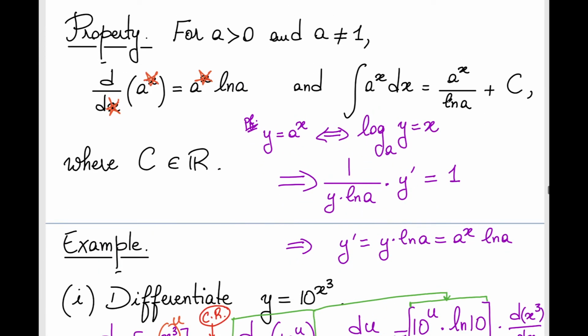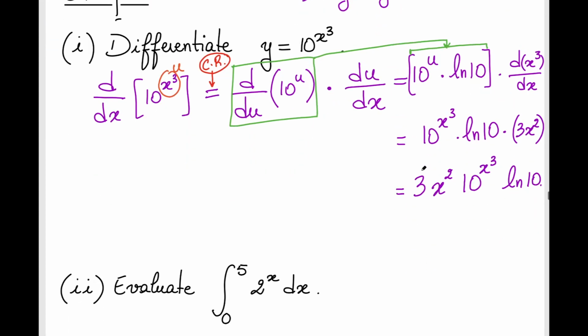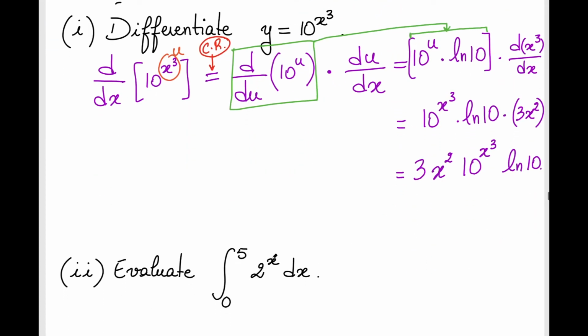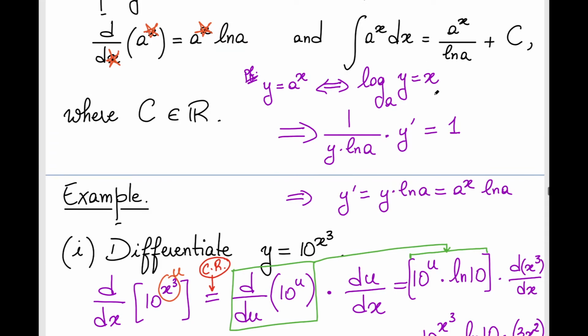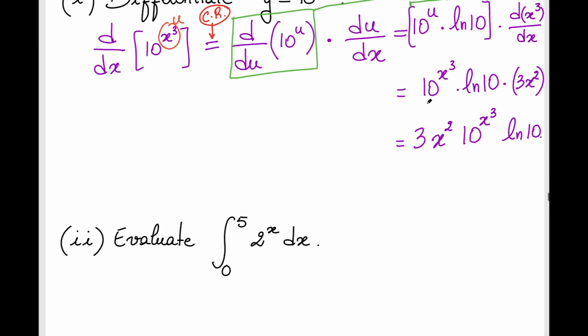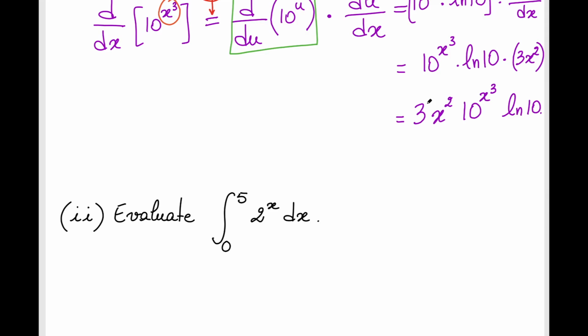So a is 2 then. And what is it? It's 2 to the power x over ln of 2 in this case. And this is between 0 and 5.